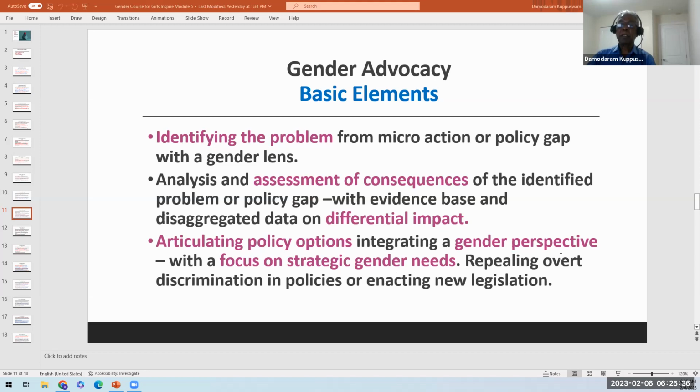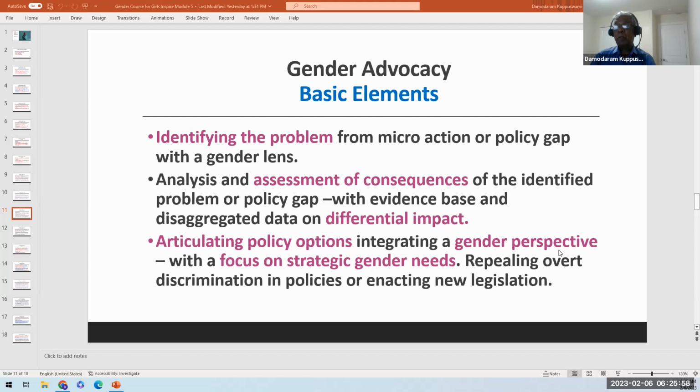So what are the elements that gender advocacy could have? It could be two. One, it can look at what are the gaps that exist in the existing policies, or it can look at the areas that are not considered by policy, which demands a new policy.